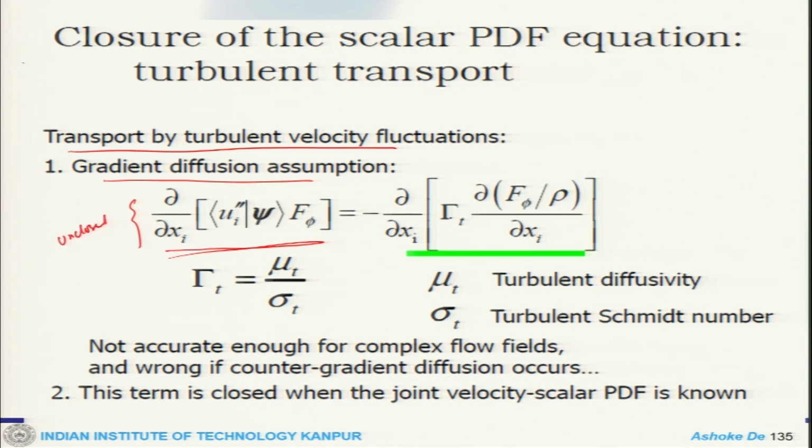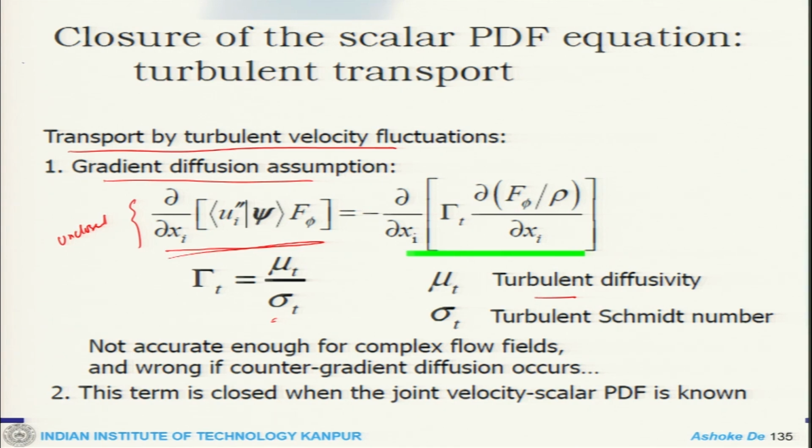It is closed using gamma t del del xi of f phi by rho, where gamma t is nothing but mu t by sigma t. Sigma t is the turbulent Schmidt number and mu t is the turbulent viscosity. Now, this is the simplest or a very common assumption one can use, this gradient diffusion assumption, but for some flows this may fail.